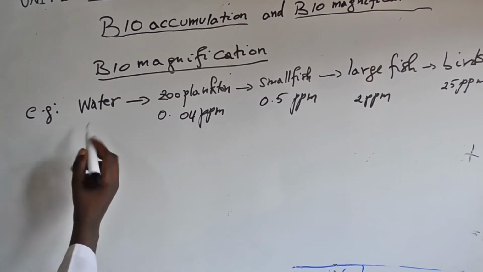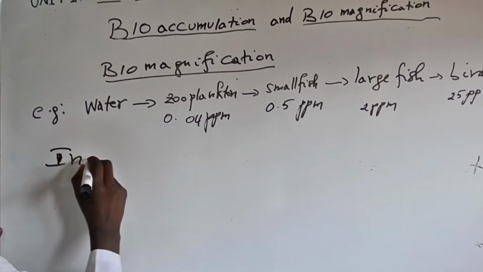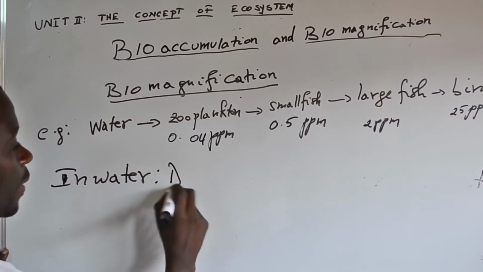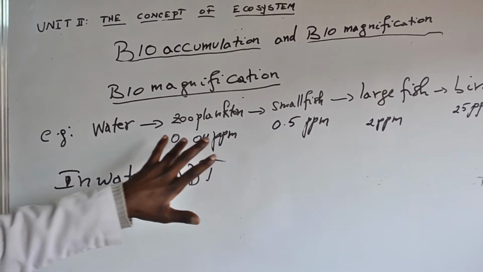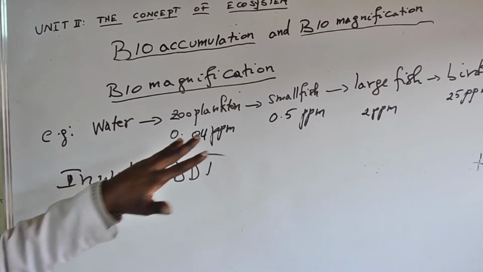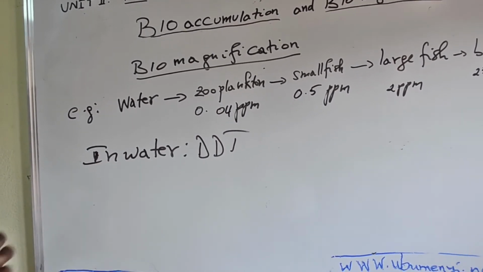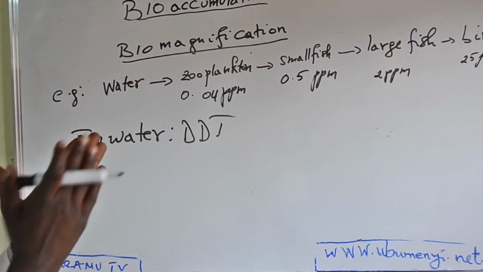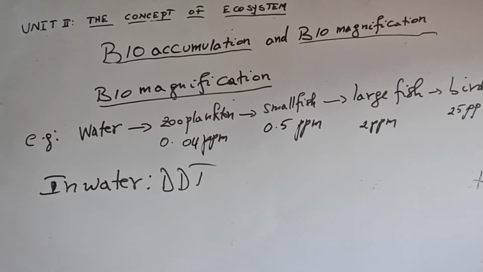Let's say the water was containing DDT. You can see that this zooplankton consumed 0.04 ppm of DDT, and as we move up the food chain, like we said, this amount will multiply.